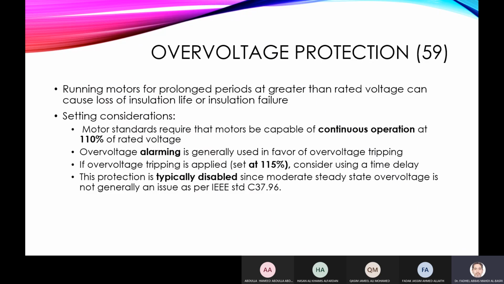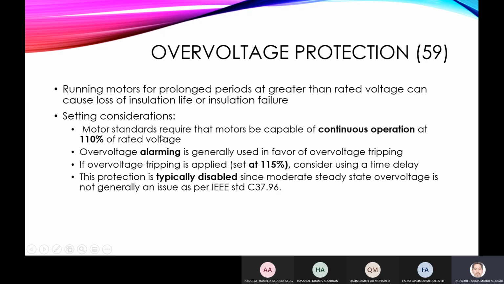Basically because over voltage also causes over current. Not only that, over voltage will normally damage the insulation, which is designed for a certain voltage, and that will cause the life of the insulation to degrade.